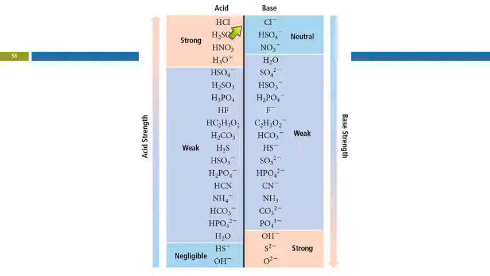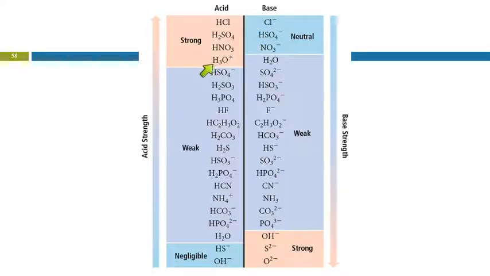On the other side of the black line in the center here, we have the conjugate base of HCl. These strong acids ionize completely, and so this base is going to be so weak that it's not a base. It's going to be neutral. And this HSO4 and the nitrate, these are conjugate bases of strong acids.